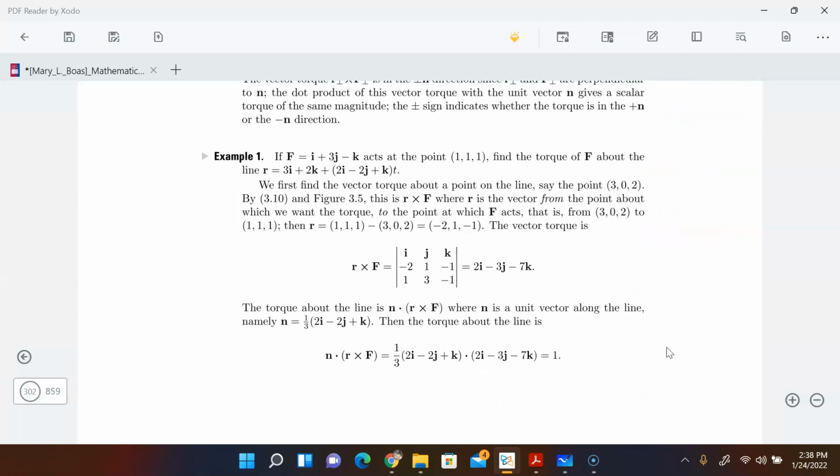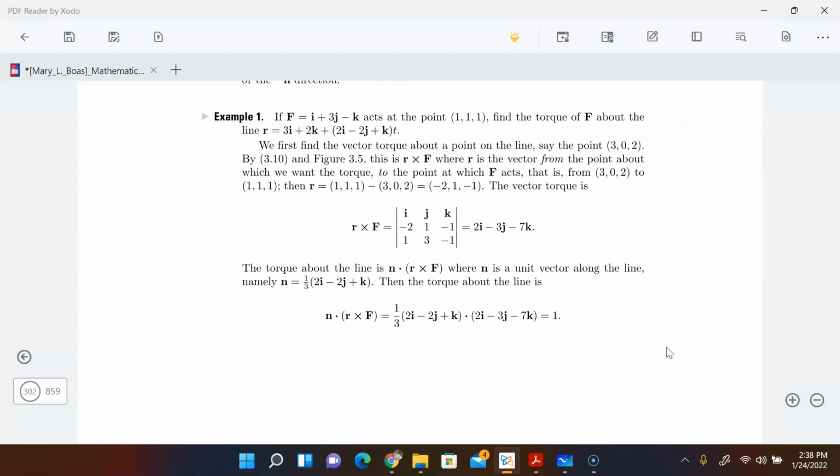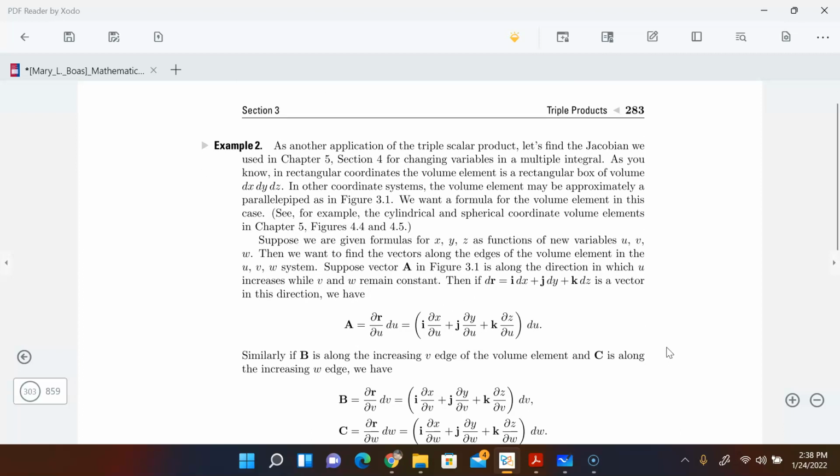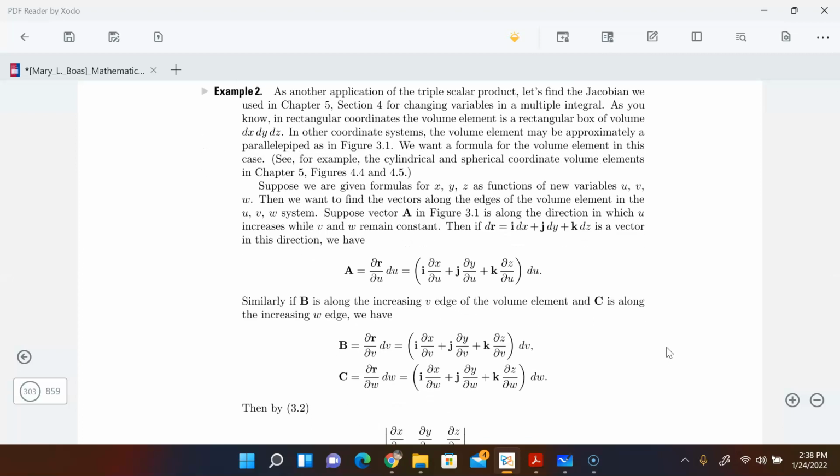So the numerical examples, I'll let you read for yourself. Here's a good example of a different kind of application. Here is an application towards coordinate transformation, where you're going from x, y, z, your ordinary Cartesian coordinates, to some new coordinates given by u, v, and w.